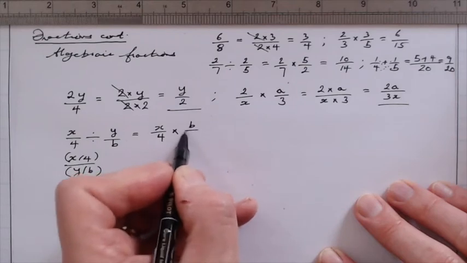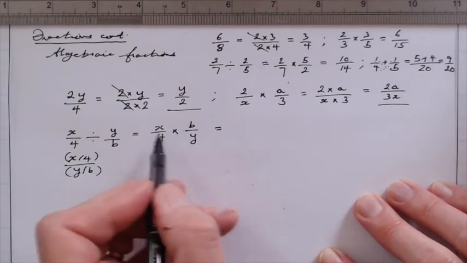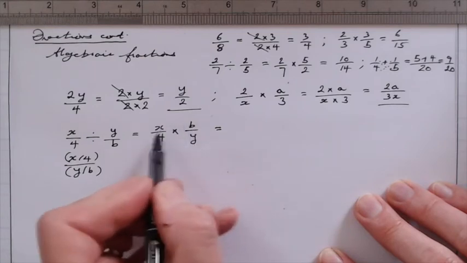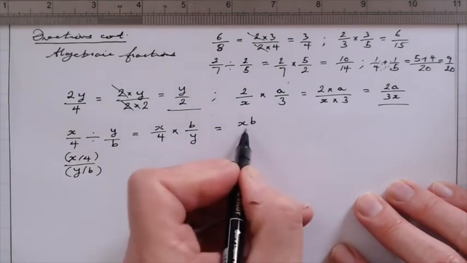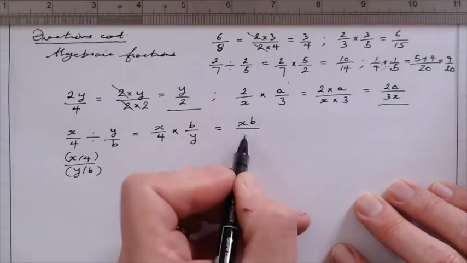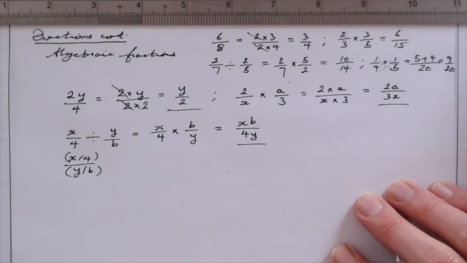So that would then be b over y. I then have a fraction multiplication problem. I have the two tops multiplied together, so that would be xb divided by the two denominators multiplied together, 4y, and that would be the answer.